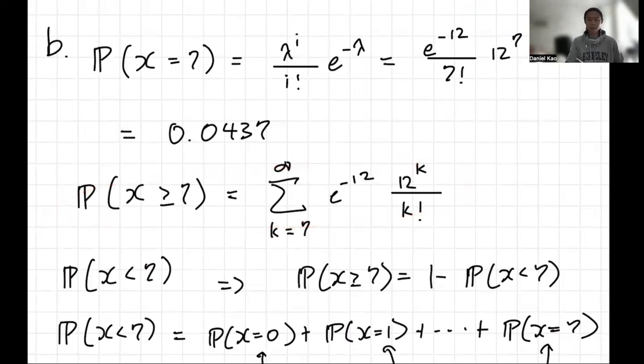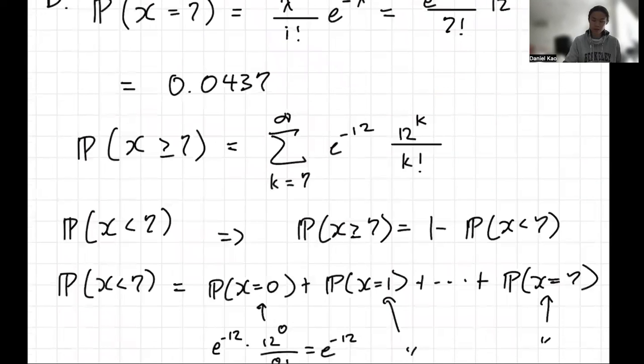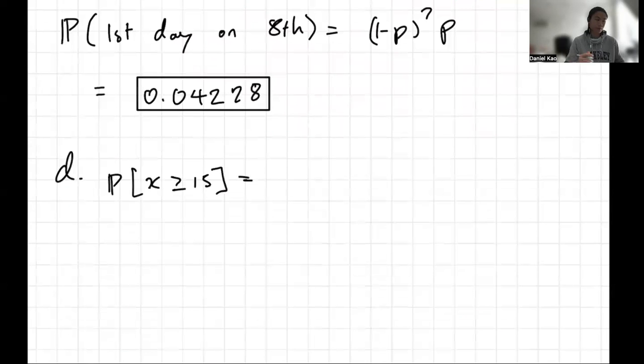We just have to sum up all the probabilities from 7 to infinity, or alternatively, subtract off the first 7 values. So in the same way, we can use this complement trick to find the value we're looking for, which is given by 1 minus the probability that x is less than 15.